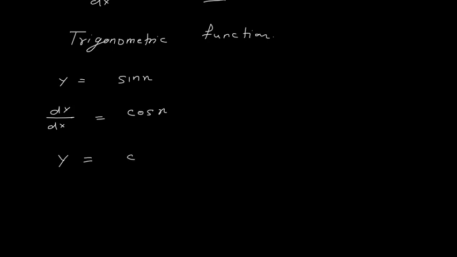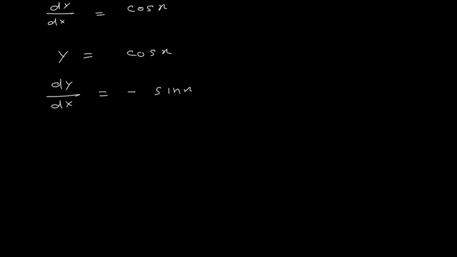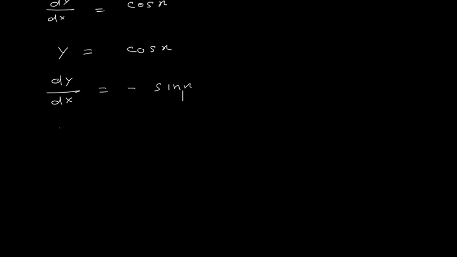When y is cos x, its derivative dy by dx is minus sin x. When y is tan x, its derivative dy upon dx is sec square x.